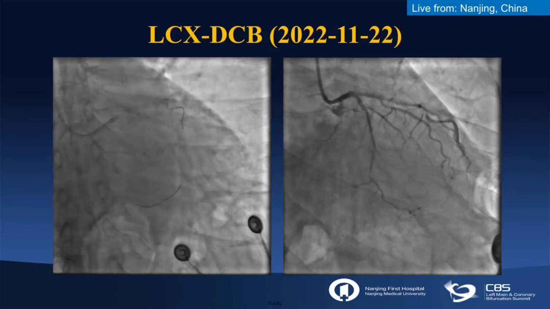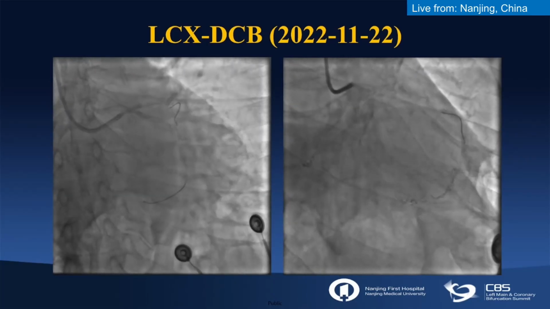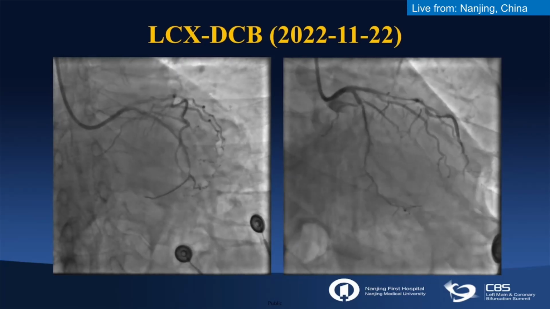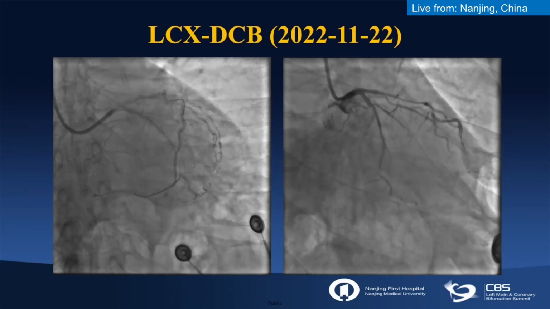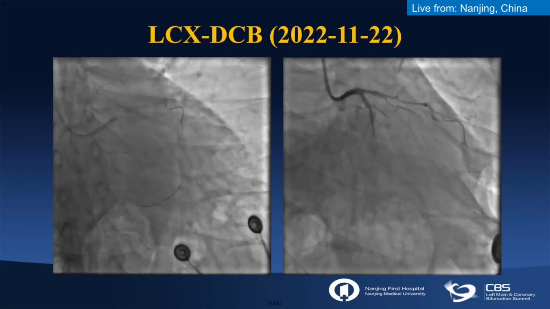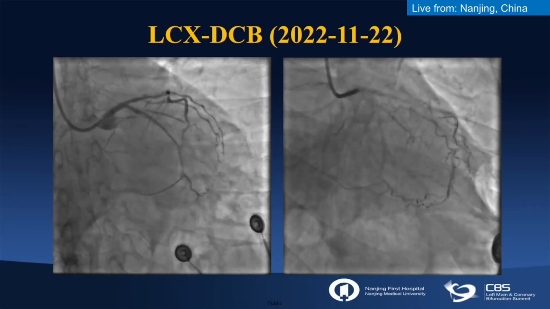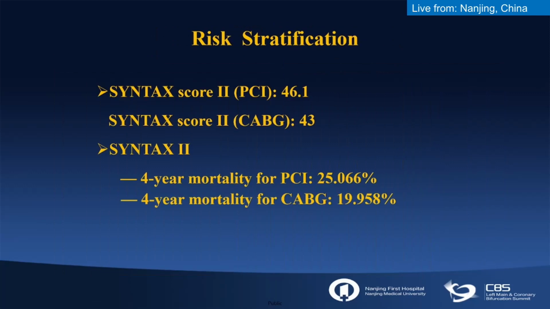Next. The operator chose to treat the LCX CTO using DCB. The size is 2.25 and the length is 30 millimeters because the LCX size is small. Next.